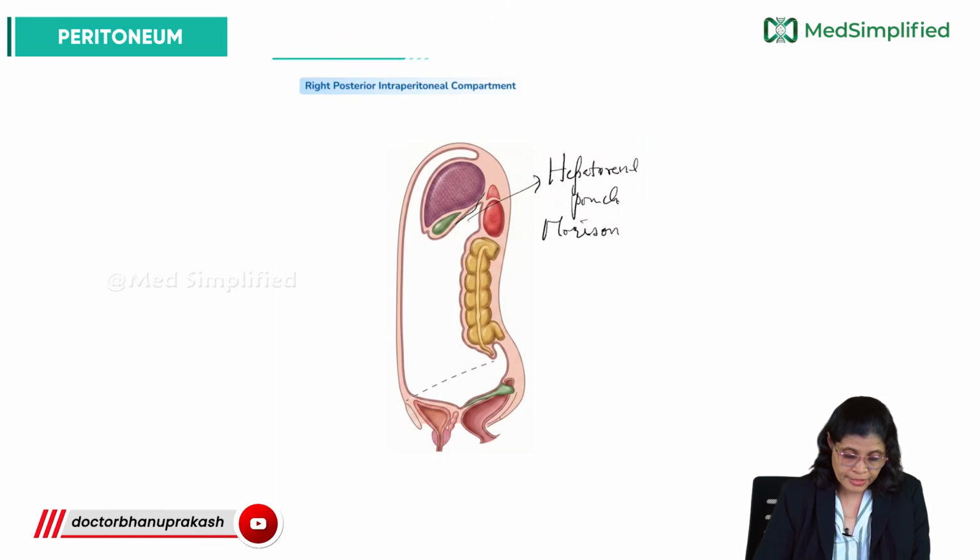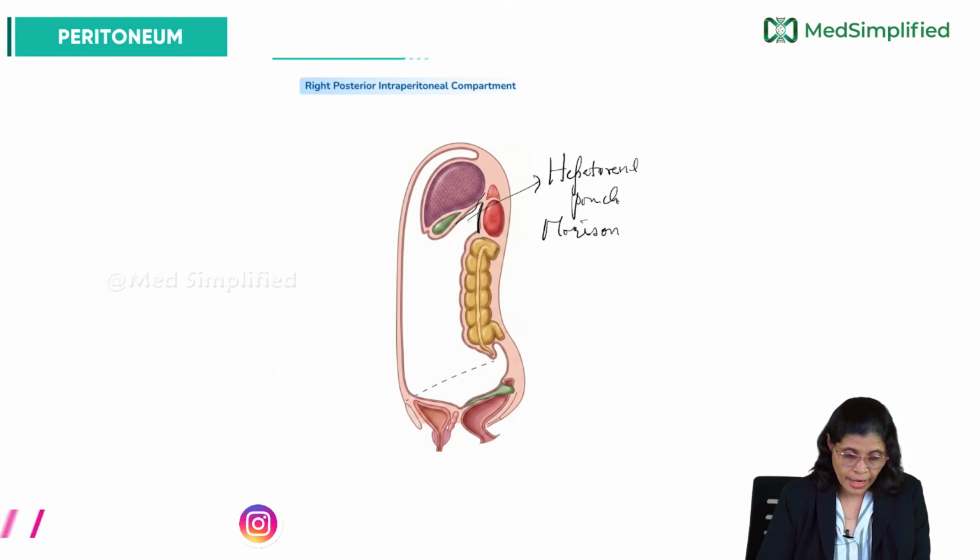Now if we see the boundaries: anteriorly the posterior inferior surface or the visceral surface of the liver. Posteriorly it is the peritoneum covering the anterior surface of the right kidney, basically the upper pole region of the right kidney, as well as the diaphragm.